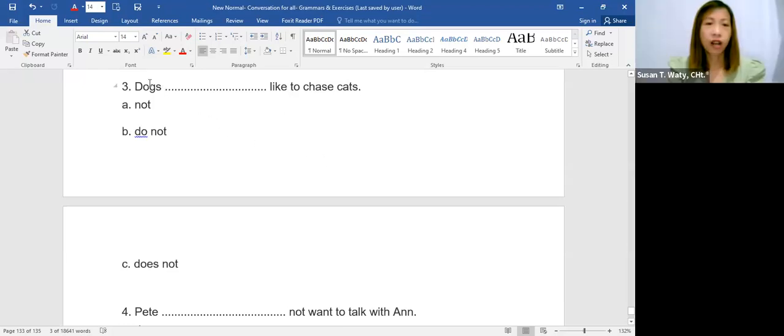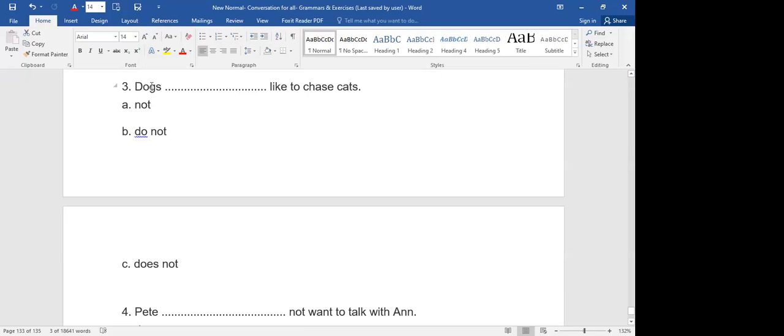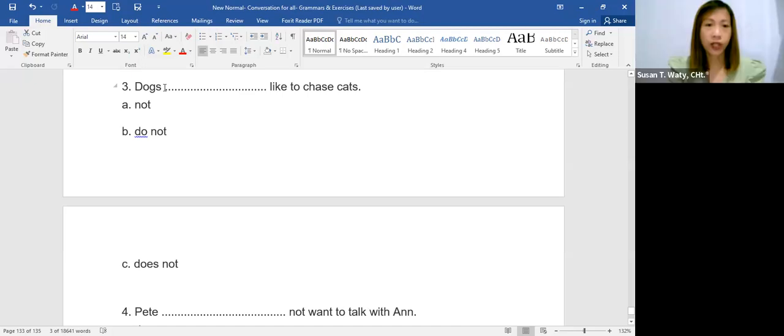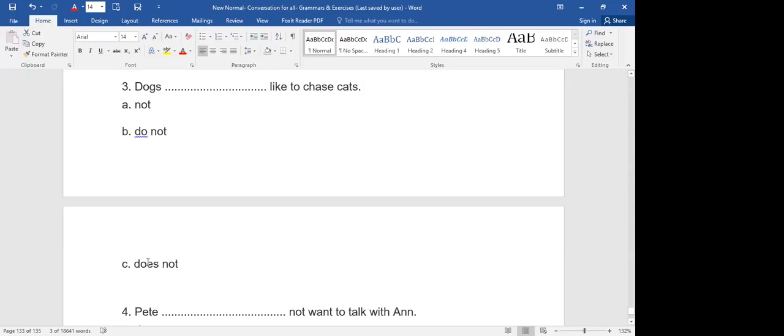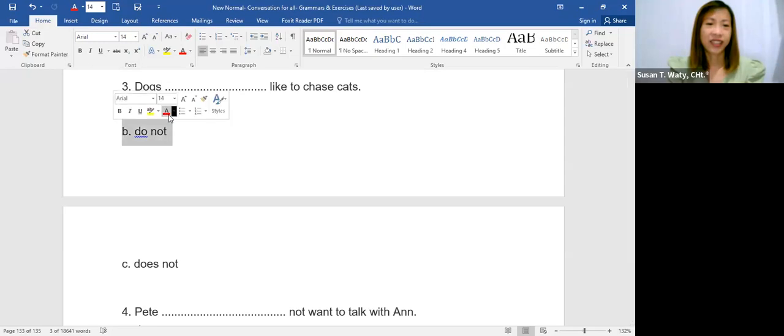Okay, here, dogs, singular or plural? Plural. And yes. So it's plural here, bentuk jamak. So when you jamak, you use do or does. Oh, do not. Perfect. Do not. Yes. That's how you analyze it.